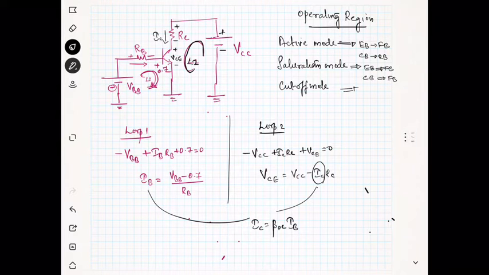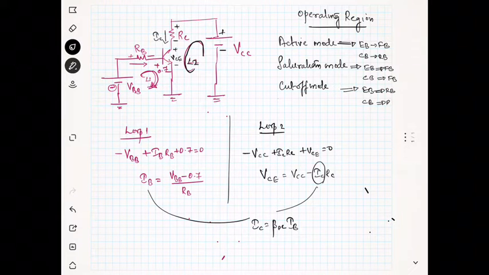And in cutoff mode, there is no current, so the emitter base junction is reverse biased, and the collector base junction is also reverse biased. So these are all the different modes of operation. So we will see in detail regarding the biasing techniques.